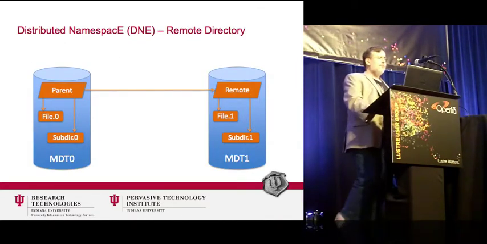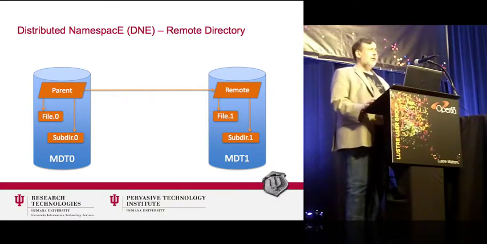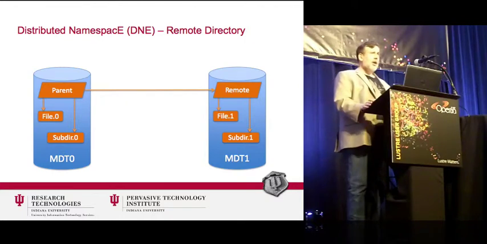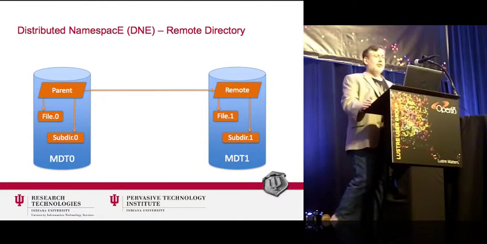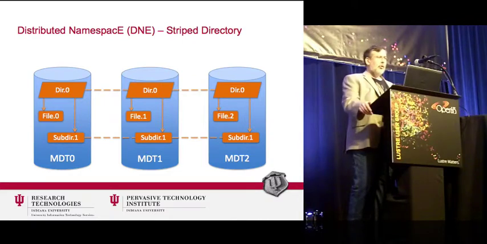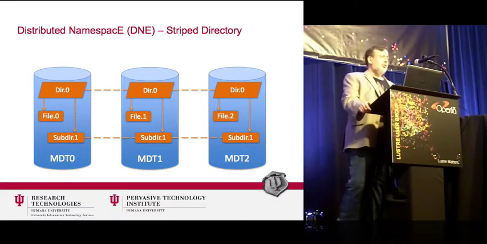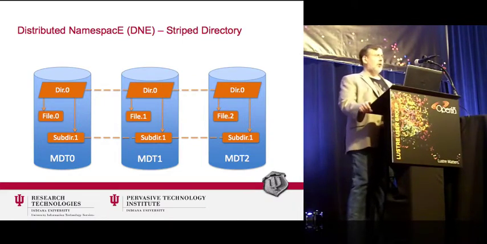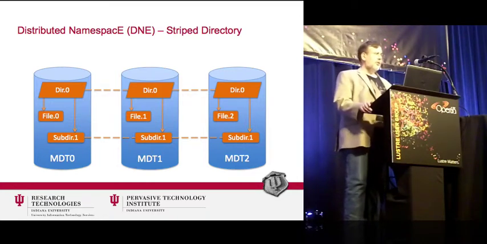So here's a picture. As you can see, there's a parent MDT and a child, or remote, MDT. Files and subdirectories in both cases end up on that particular MDT. So for DNE2, you can see that we have striped directory 0 across 3 MDTs.